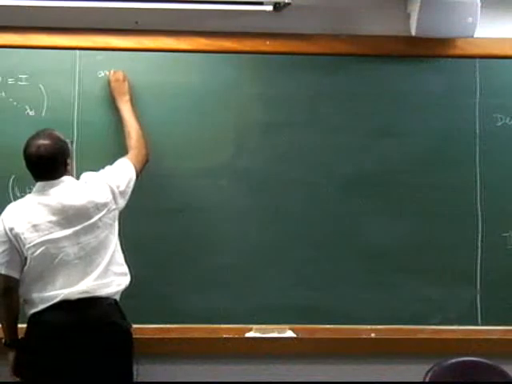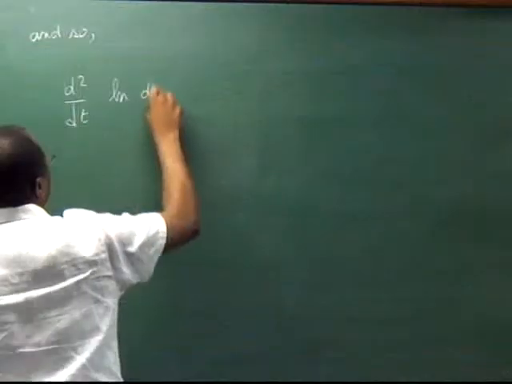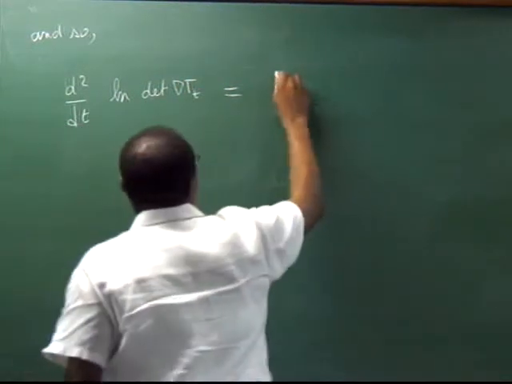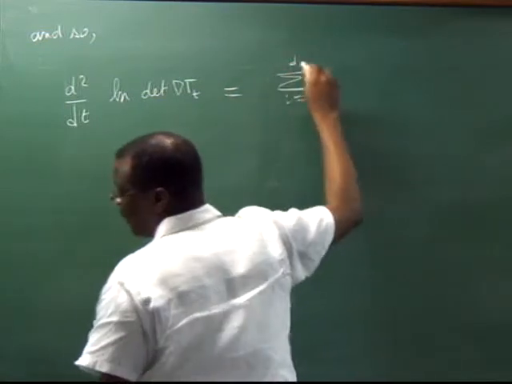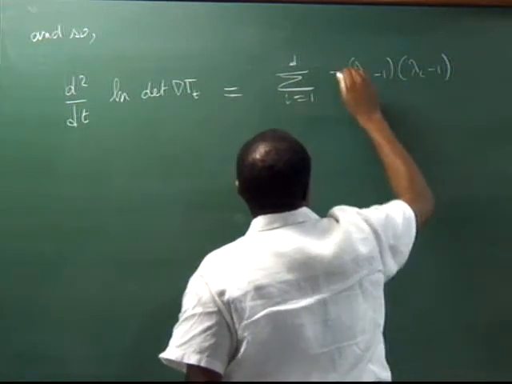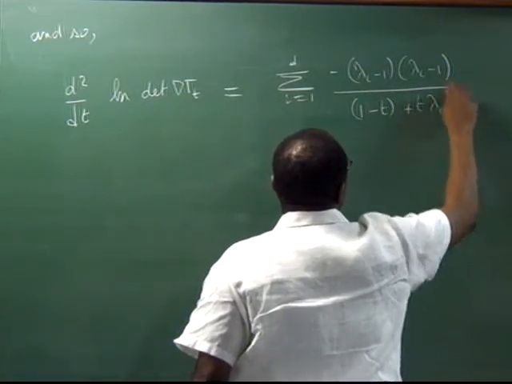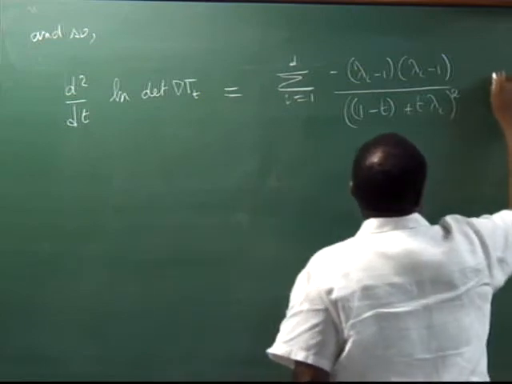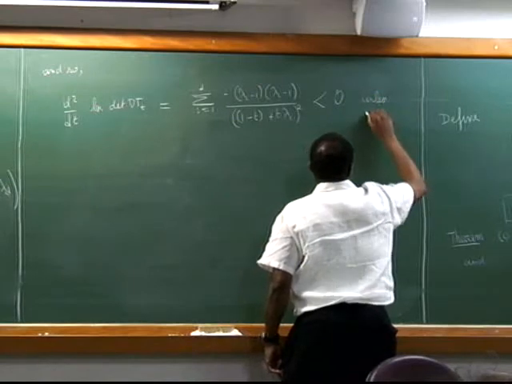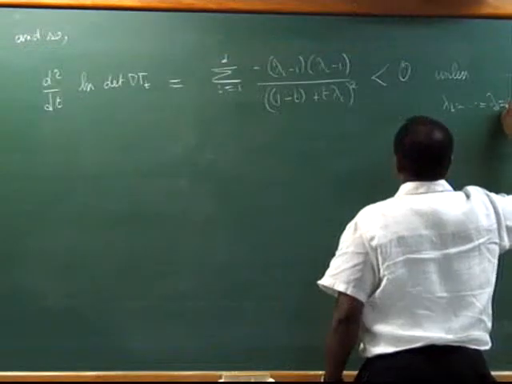The second derivative of the log of the determinant of the gradient of T_t equals the sum, i from 1 to d, of minus (lambda i minus 1) squared over (1 minus t plus t lambda i) squared. And I see that this is less than 0 unless lambda 1 equals ... equals lambda d equals 1.